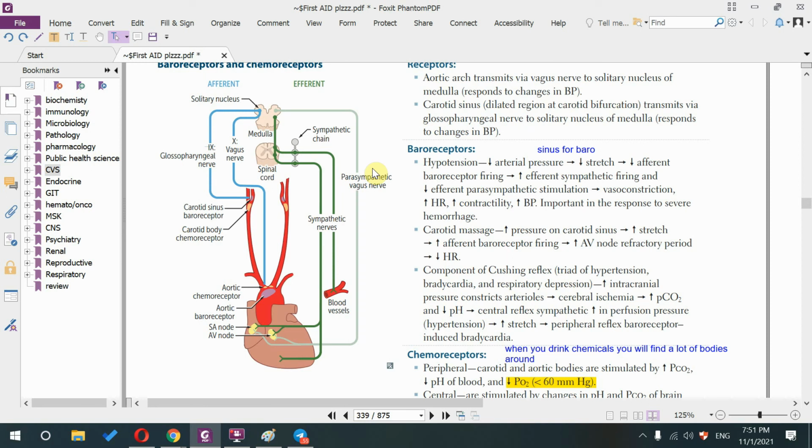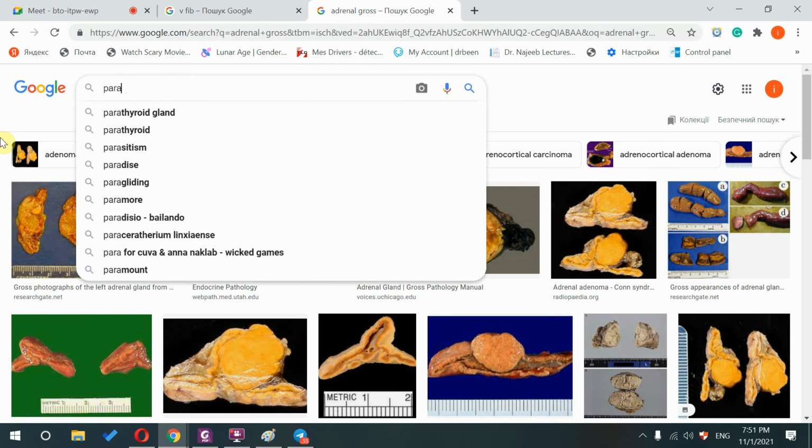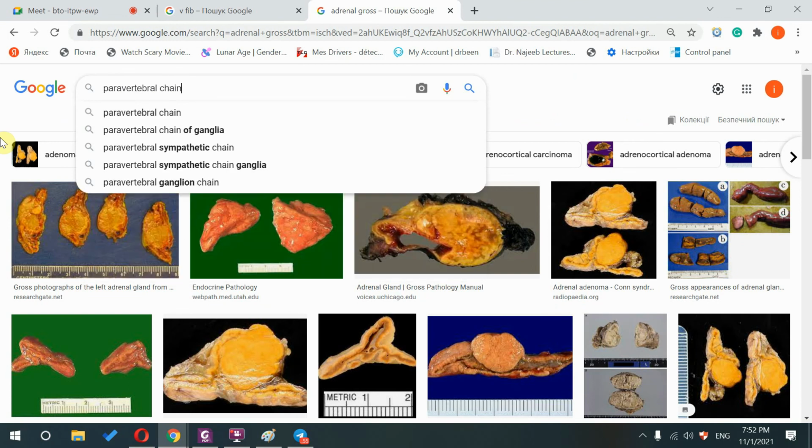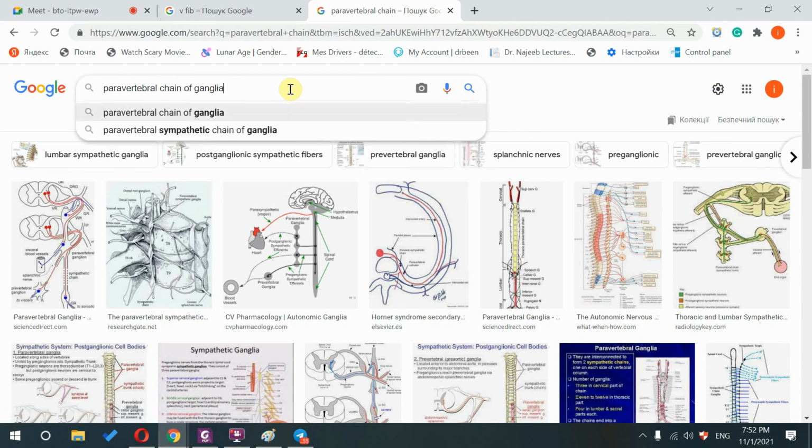Okay, good. So yeah, since you guys already know this, we can skip explaining what the autonomic nervous system is. We'll do it when we do pharmacology. So first of all, you have something called the paravertebral chains. I want to show you the paravertebral chain.